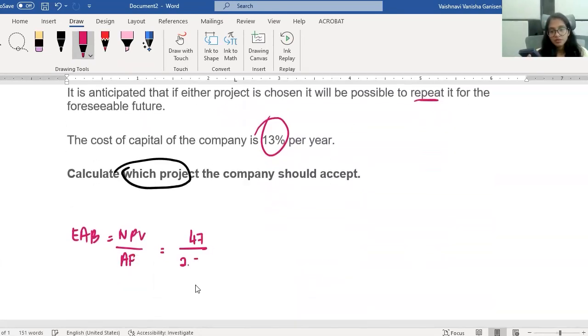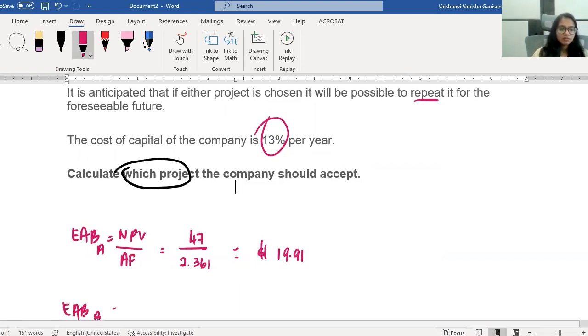So 2.361. So what is the benefit of project A? I'll just write EAB for A here: 19.91.